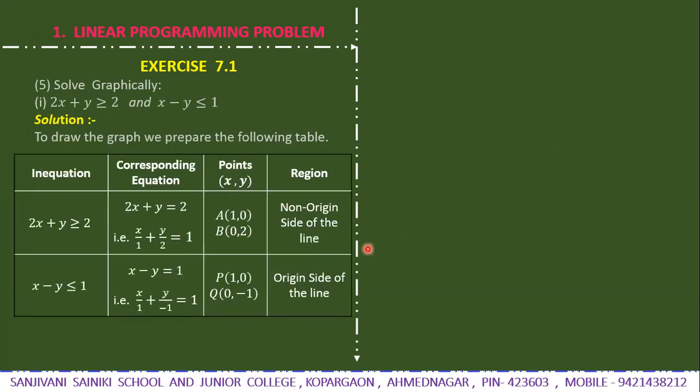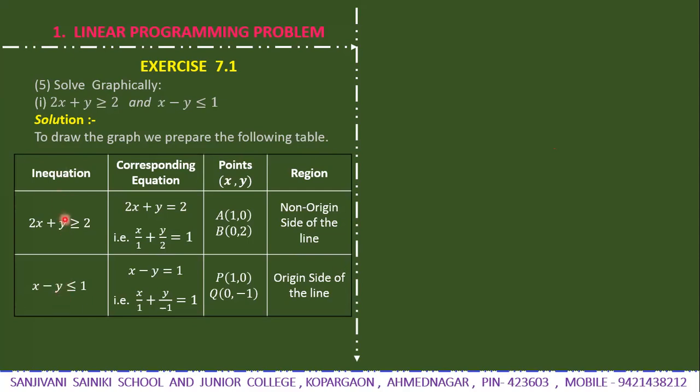Now look at this fifth type, solve graphically. Now they have given two examples, two straight lines: 2x plus y is greater than or equal to 2, and x minus y is less than or equal to 1. Now to decide the region, to draw the graph, we prepare the following table.